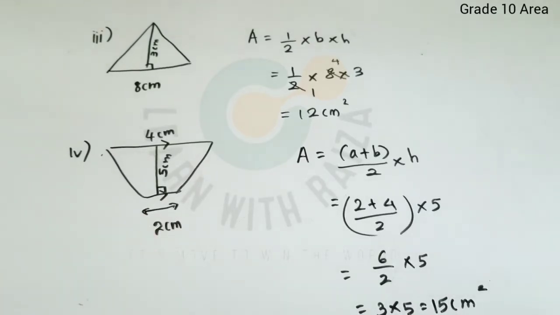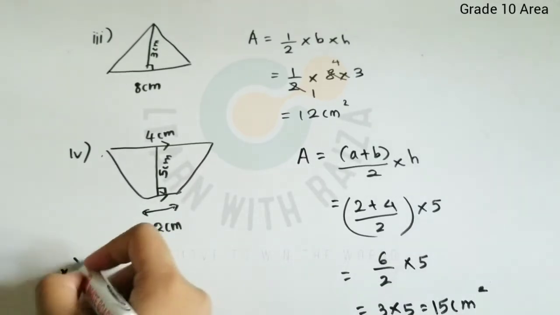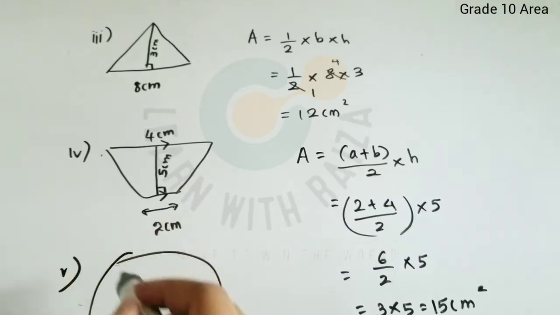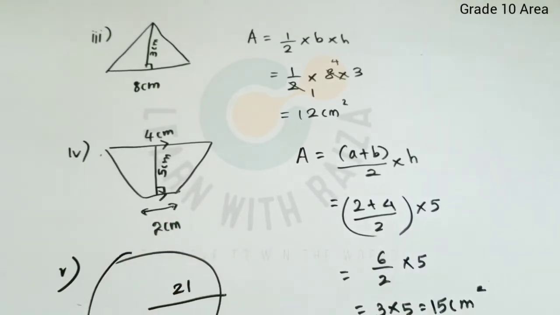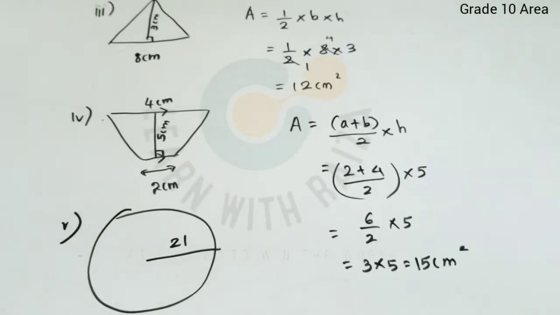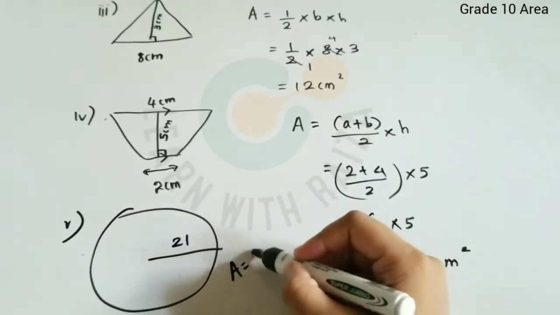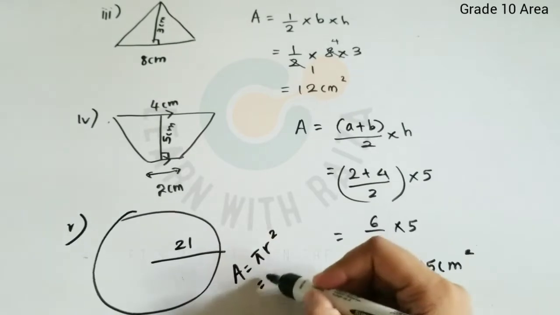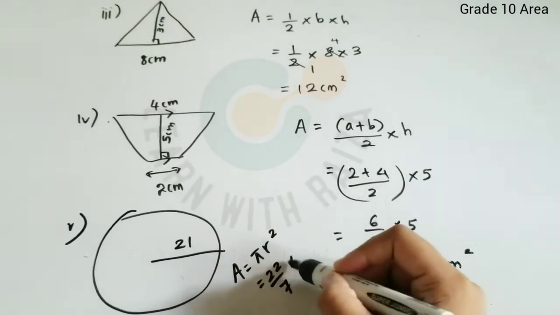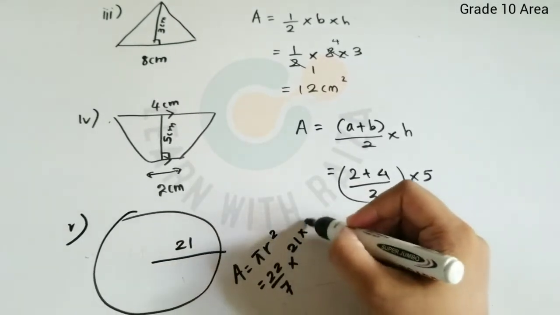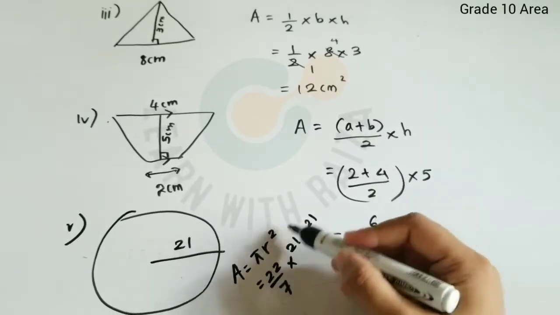Right, then the next question, Roman number 5, is a circle. They have given the radius 21 centimeter. So what is the equation for area of a circle? Area of a circle means pi r squared. So pi is 22 over 7 into radius 21, 21 into 21. Now don't try to multiply like that.